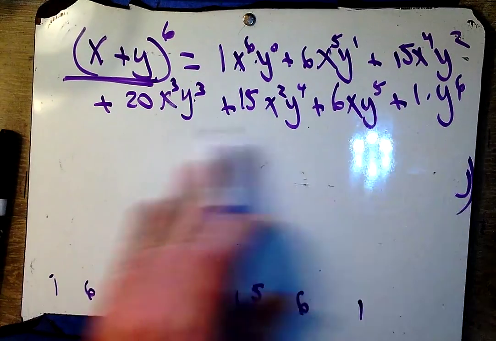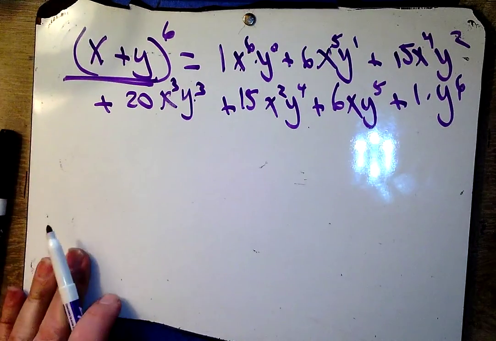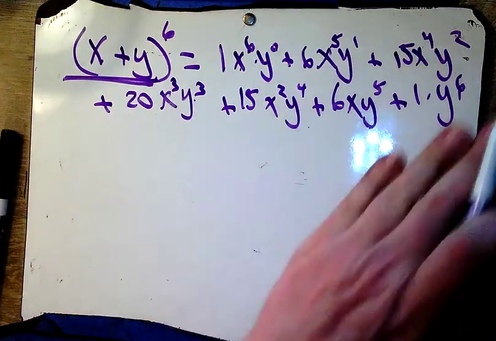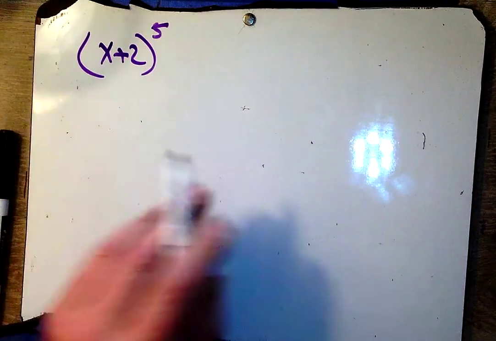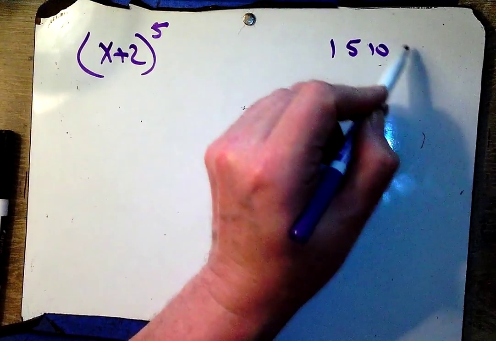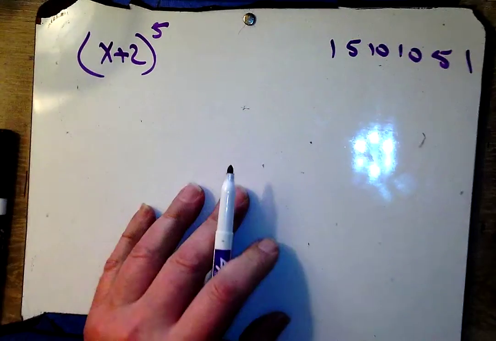Yeah, I'm a big friend of binomial expansions. Okay, now I wonder what happens if instead of this, with 2 variables in our binomial, what happens if we have that? I know the 5th row is 1, 5, 10, 10, 5, 1.